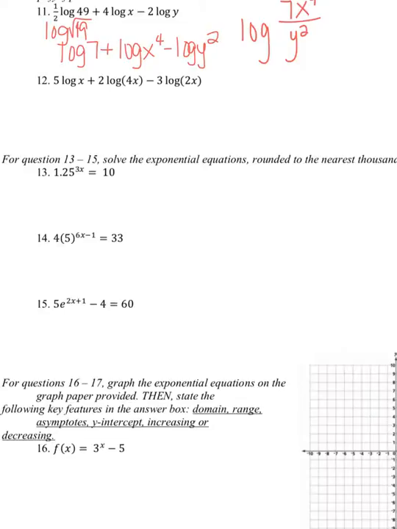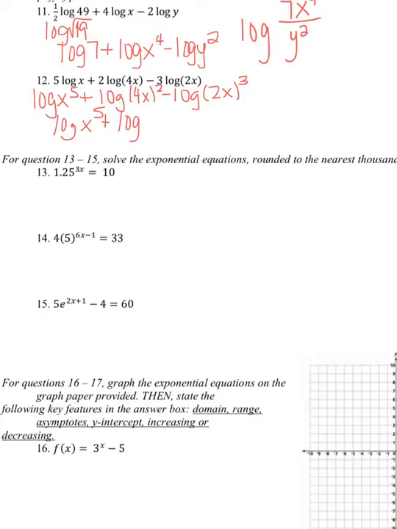For number 12, this one has a lot going on actually. For number 12, this is log of x to the 5th plus log of 4x squared minus log of 2x to the 3rd. So now, if I want to take care of these exponents, I can actually distribute everything. So this is log of x to the 5th plus log.